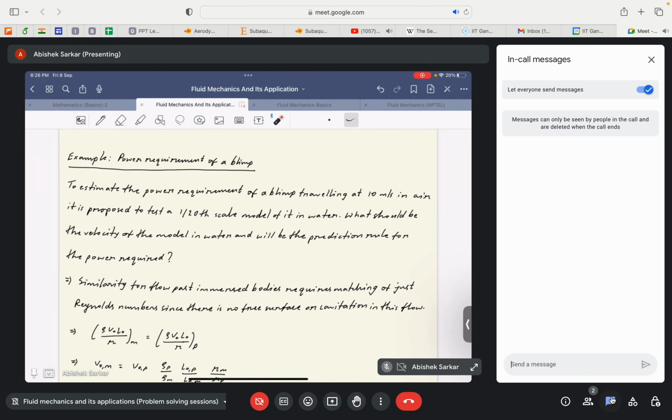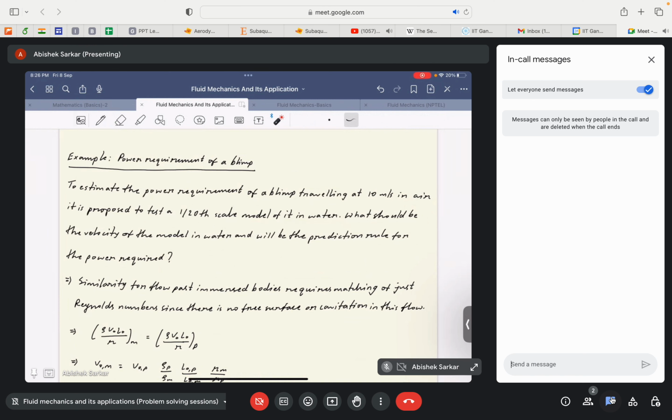And you can again see that to test this scaled down version, you have also changed the fluid itself. Initially, your prototype runs in air, but now you're testing your model in water.